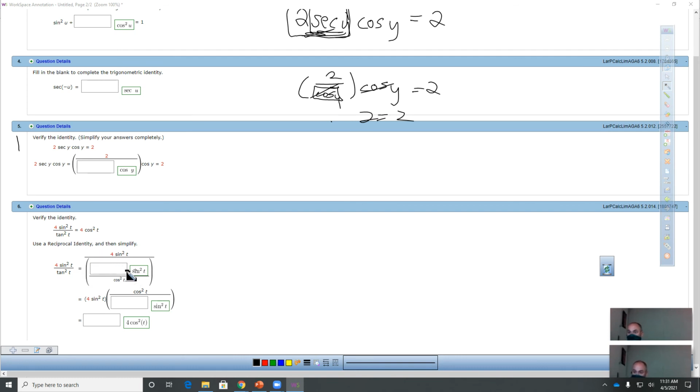It gets a little confusing the way these boxes are, but the boxes are just looking for what you want to put in there. Notice here it's a box over cosine squared. They just changed tangent squared to sine squared over cosine squared. And then when you multiply by the inverse, the sine in the denominator cancels and leaves you the 4 cosine.